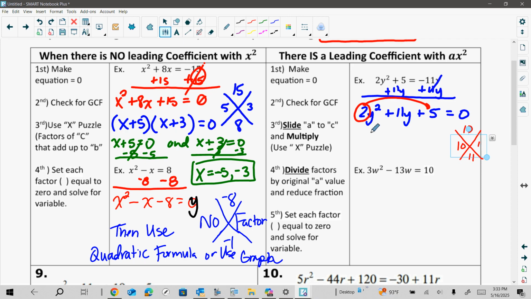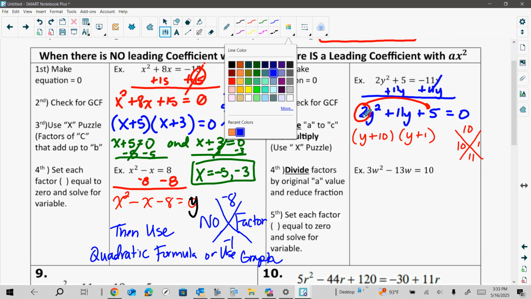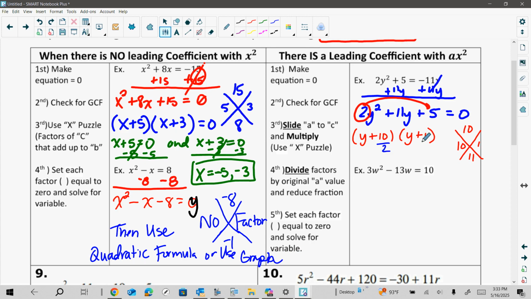Then I can now divide the factors. So I'm going to write my factors as y plus 10 and y plus 1, but we're going to divide by the factor of a. So let's divide the original by a, so I'm dividing by 2, and then set each factor equal to 0. Well, this can be simplified to y plus 5, and this one I would have to do bottoms up.